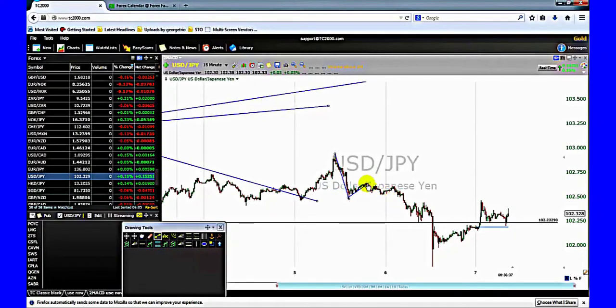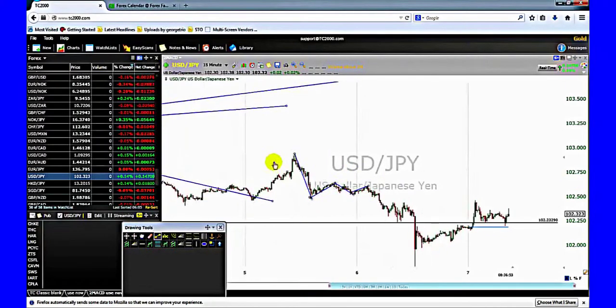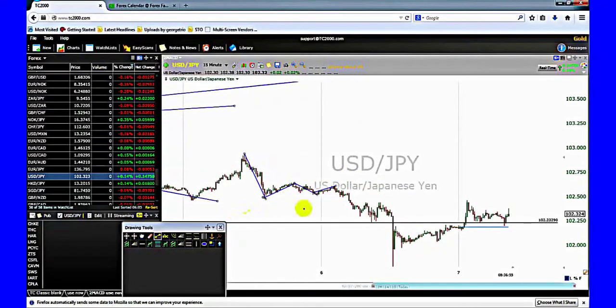But in fact, this is just one move. We are paying attention to the lows, and then it went down. This is also a significant low. If you agree with my wave count, then it went up a bit like this.